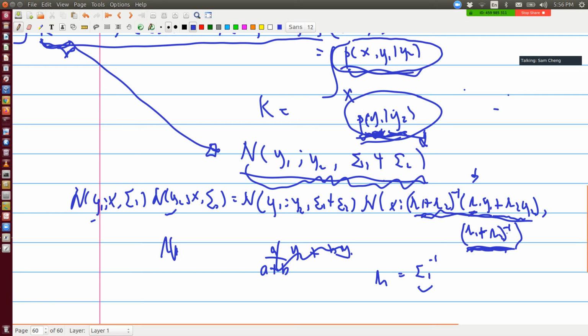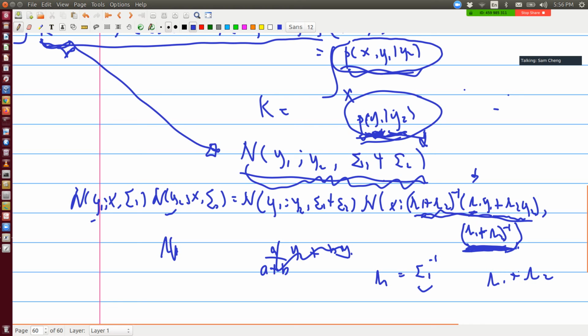The first observation has this precision, the second observation has this precision, then the total precision is just the sum. Actually, precisely the sum of precision, because the precision of the new observation will be just the inverse of the covariance matrix. So the new precision is just lambda 1 plus lambda 2.